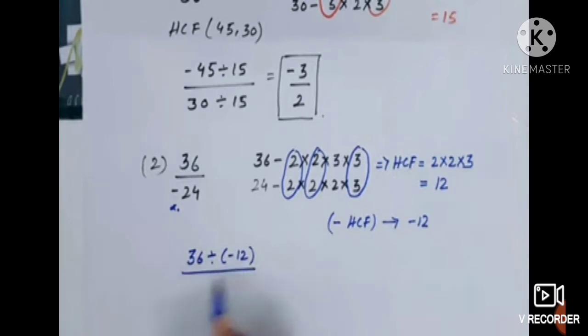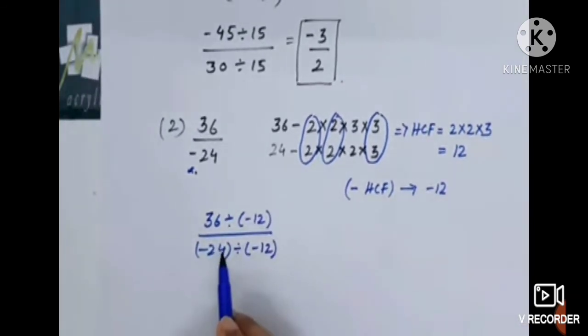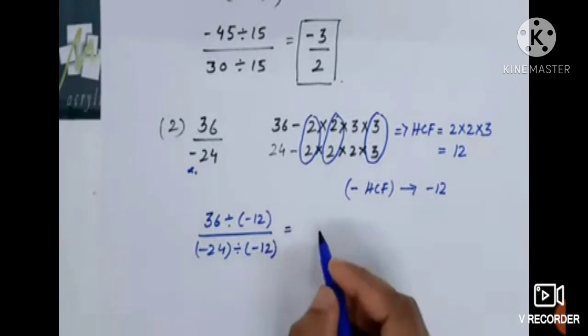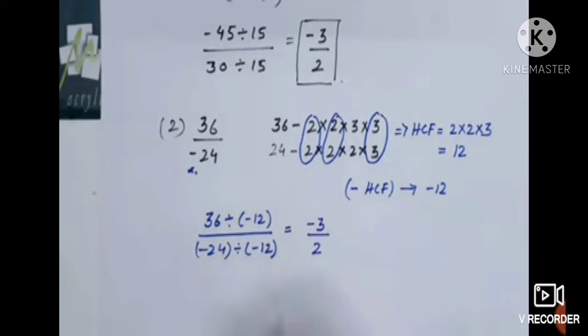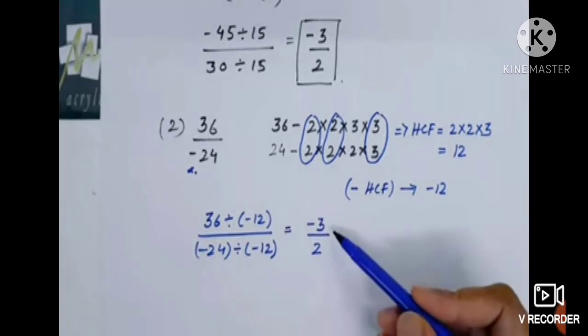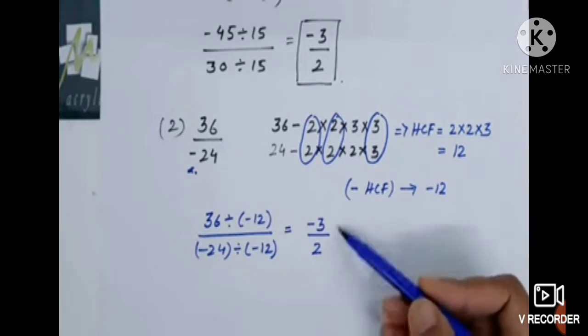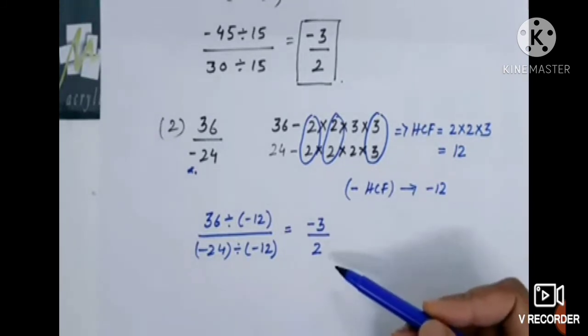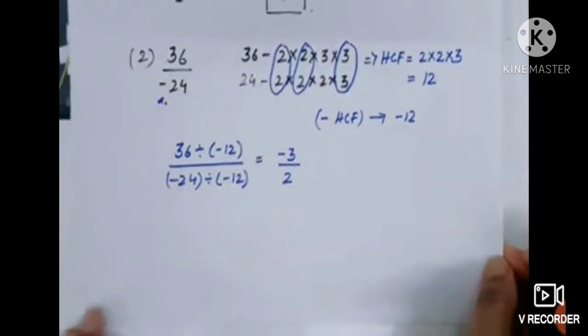So 36 divided by minus 12 and minus 24 divided by minus 12. 36 divided by minus 12 is minus 3, since 12 threes are 36. Then minus 24 divided by minus 12 becomes plus 2, because minus and minus make a plus. So the standard form is minus 3 by 2. It is the only standard form of 36 divided by minus 24.